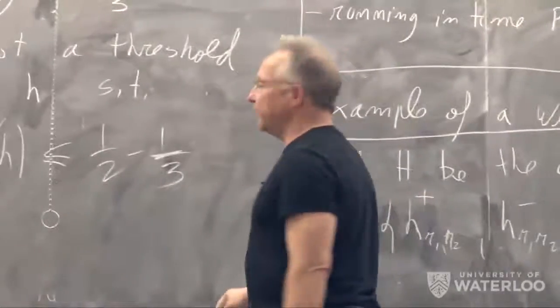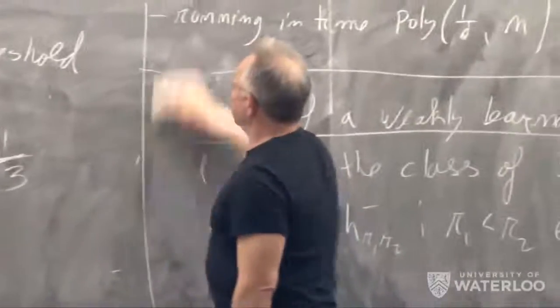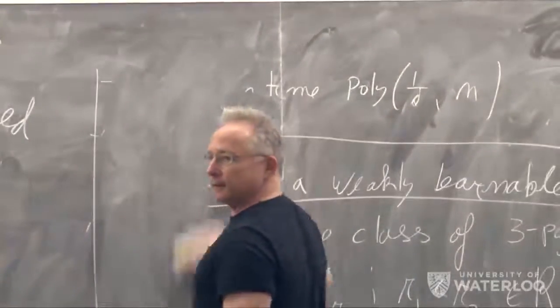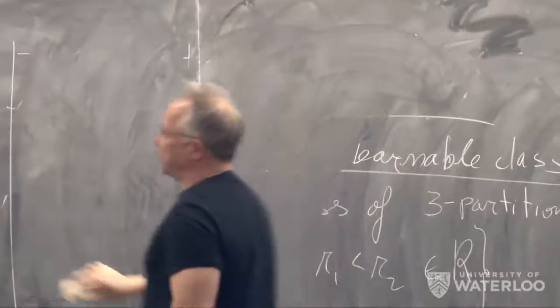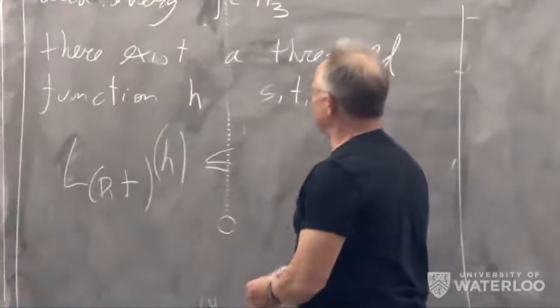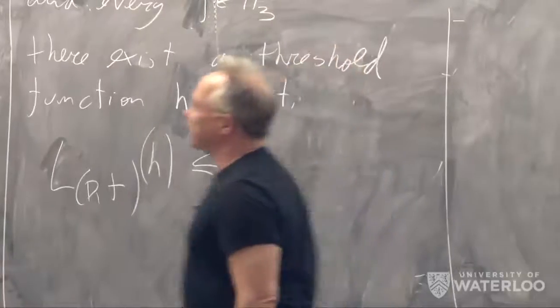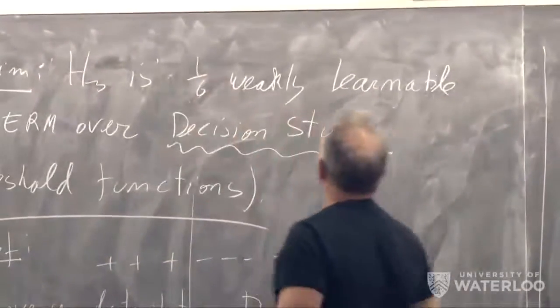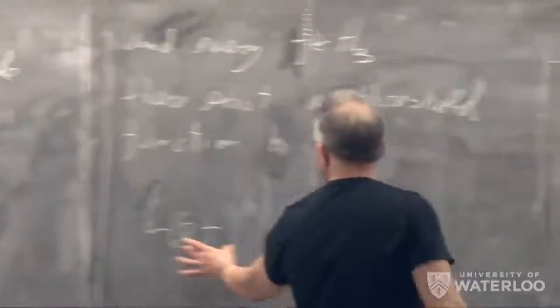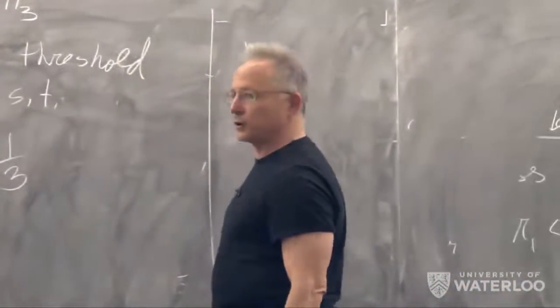So how do I show that such a function exists? Yeah, I'm sorry. This should be, I'm getting here just a third. So this is 1 over 6 weakly learnable. So how do I get such a function H?